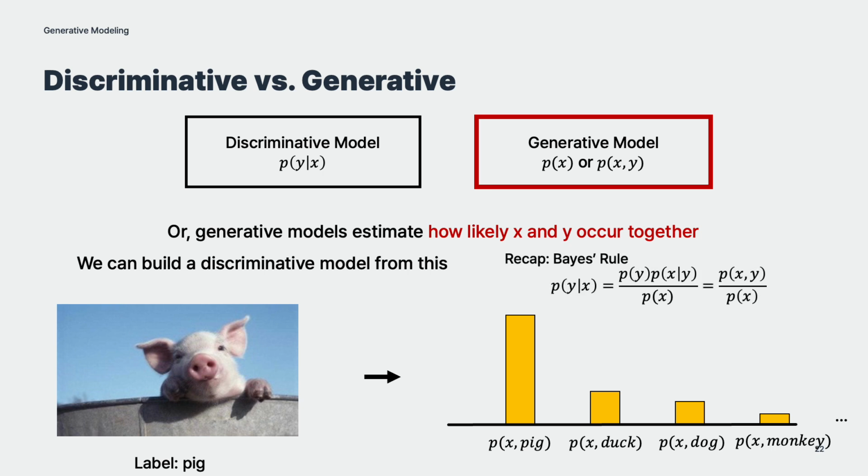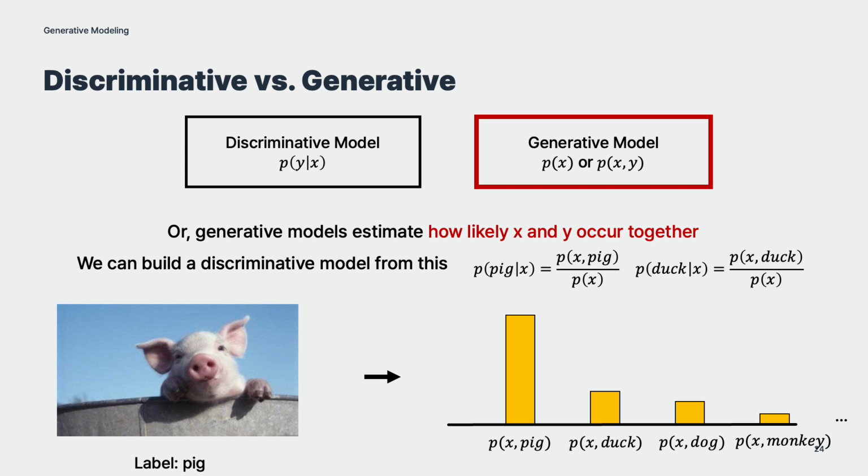Just think back to Bayes' rule: P of y given x can be calculated by P of x and y over P of x. So using a generative model, we can compute P of y given x, or other conditional probabilities for each class via Bayes' rule, and classify based on the highest one.